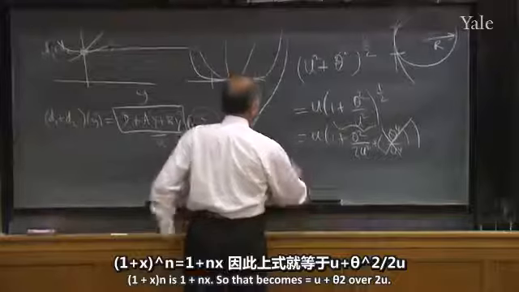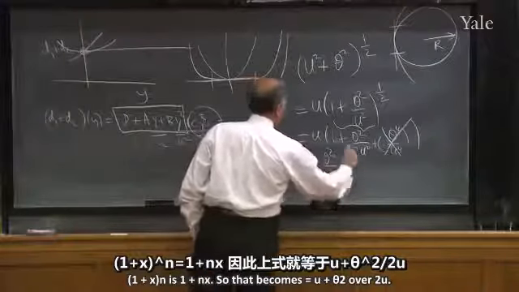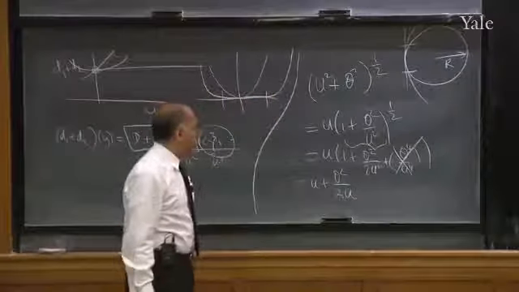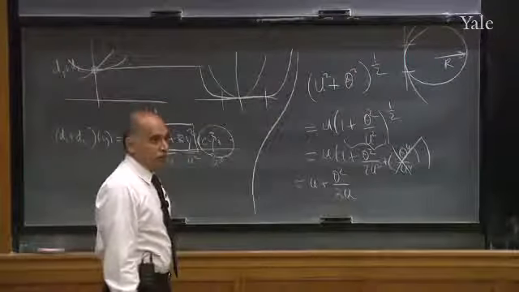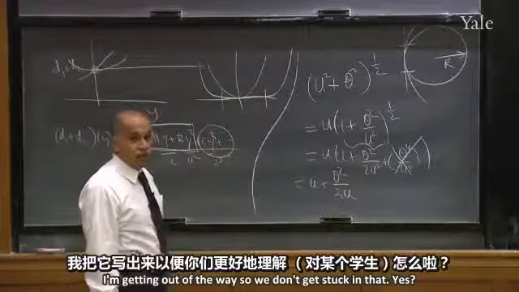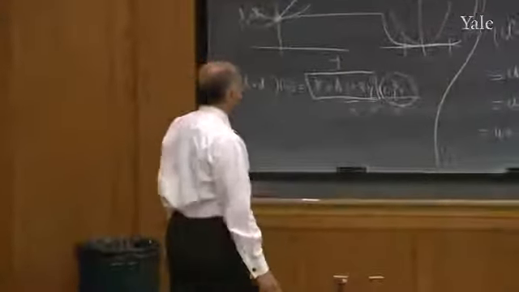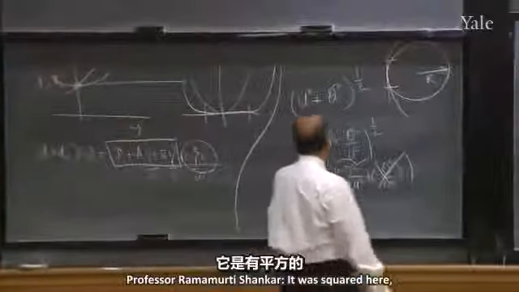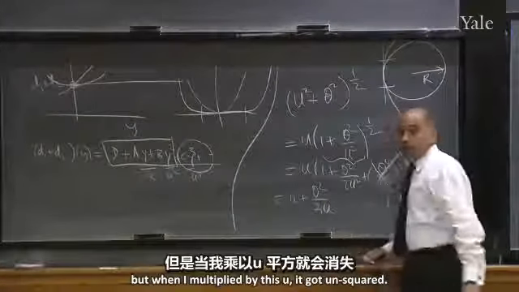So that becomes equal to u plus theta square over 2u. Let's bear that in mind. This is just a mathematical preliminary I'm getting out of the way so we don't get stuck in that. Is the u denominator squared? It was squared here, but when I multiplied by this u, it got unsquared.